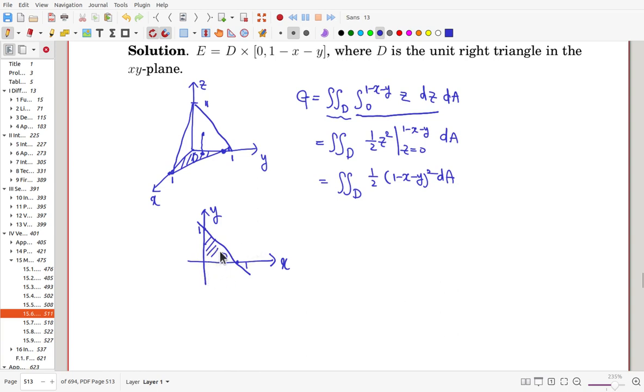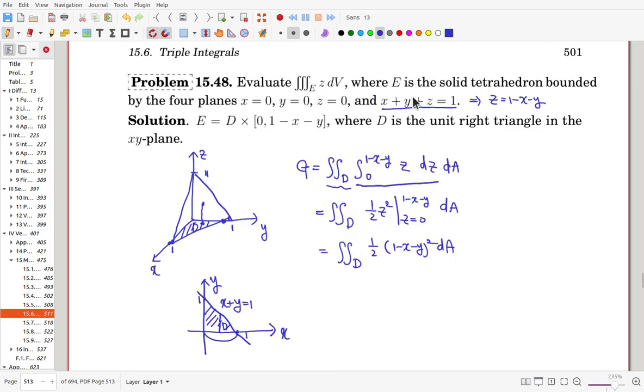We can describe the domain: for each X between 0 and 1, vertically from 0 to the top Y. That is X plus Y equals 1. On the bottom, Z equals 0, so this line must be X plus Y equals 1, right?